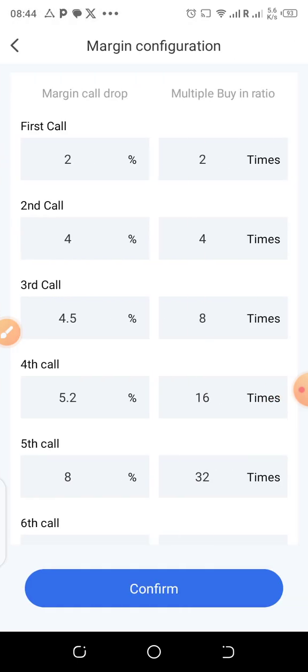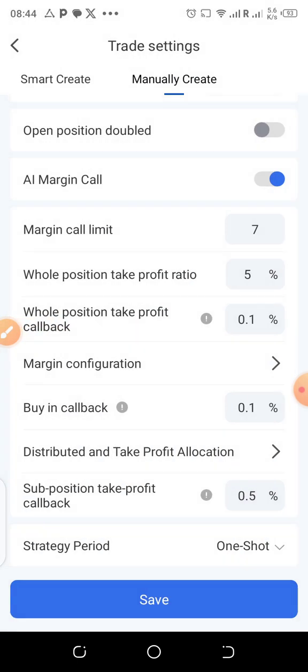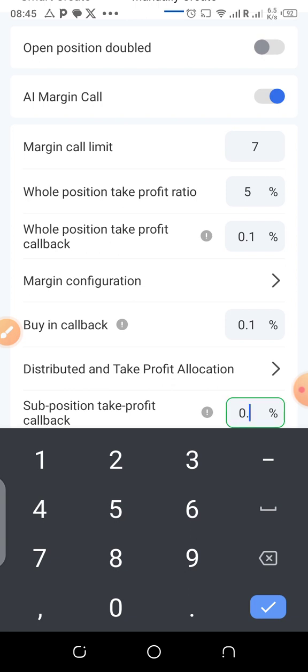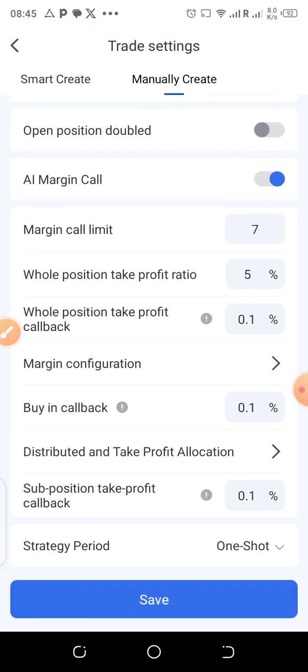Oh, sorry guys. Buy in callback 0.1. We have the distributed take profit allocation. Let's first finish here. Subposition take profit callback, you can also put it at 0.1. It's okay.